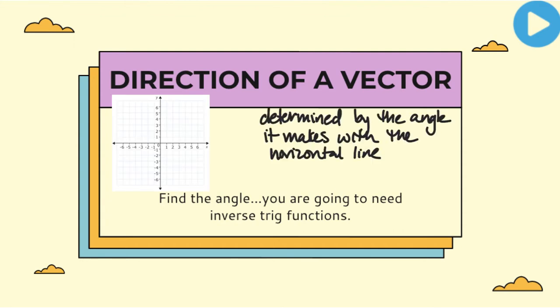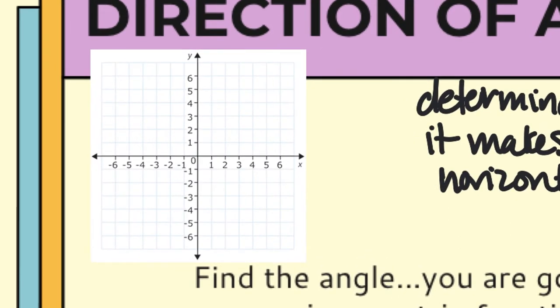For example, if we have a coordinate plane and a vector PQ that maybe starts here and ends here, we can find the magnitude using the distance formula, but we can find the direction of the vector by first figuring out its horizontal piece, which is this movement out here, and the angle right here between the vector and that horizontal piece.